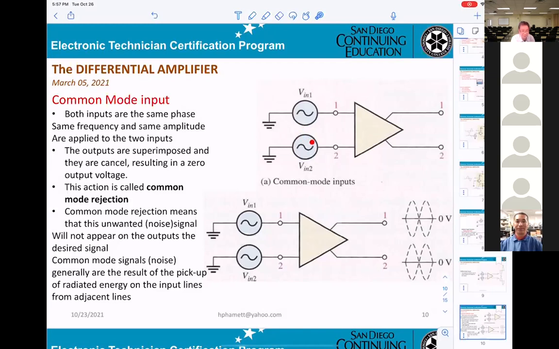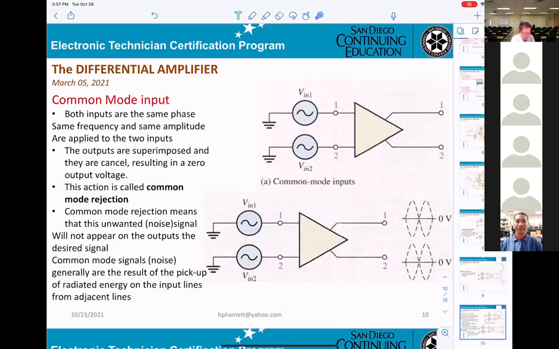Okay? So the differential amplifier tries to do this: if they look back and see an identical signal in here, they consider that it's just noise, and they try to cancel that signal. And the output is supposed to be zero. Okay? And this is what they call common mode rejection.